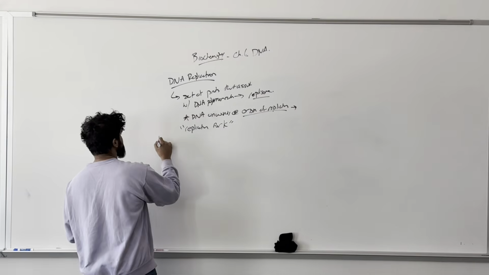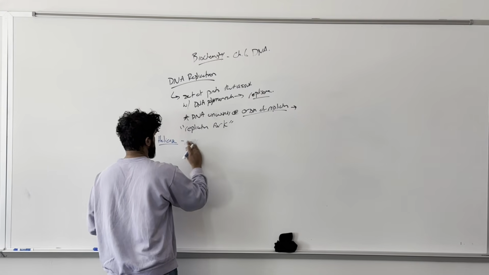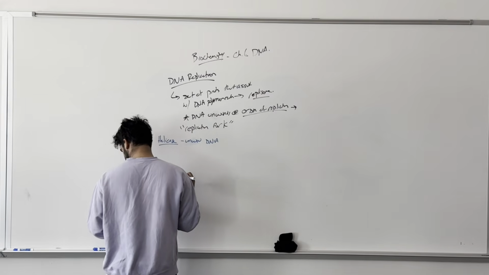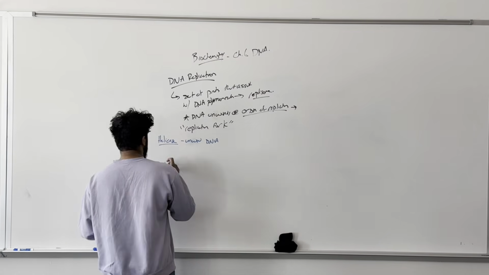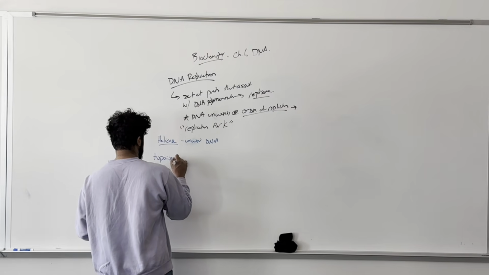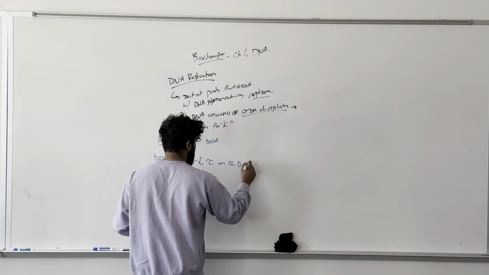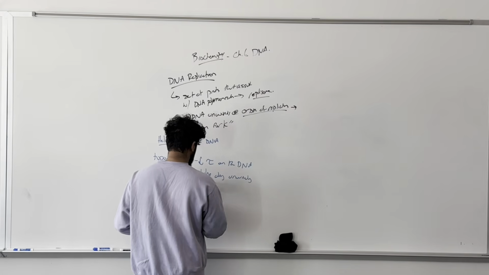Some important enzymes. Helicase will unwind the DNA. You have topoisomerase, which decreases torque on the DNA helix during unwinding to stabilize.